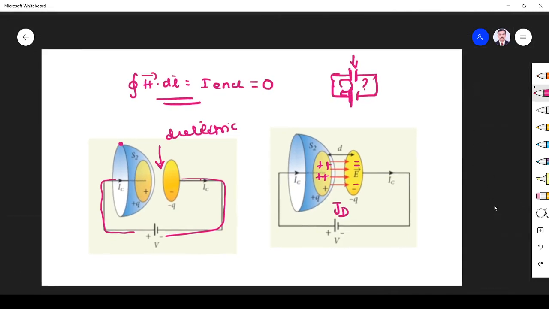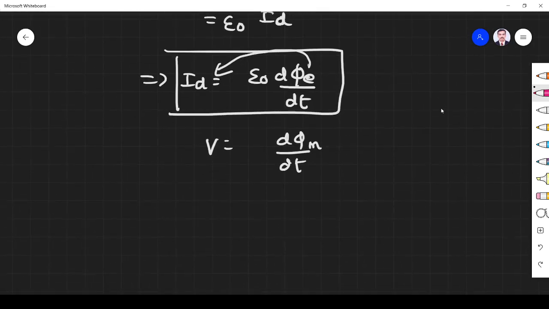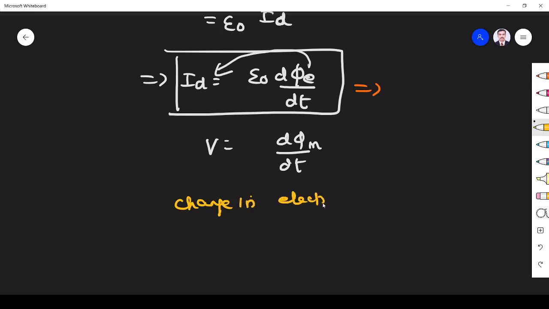Flux is nothing but field lines passing through a surface. So flux creating current means field is creating current. So what does this indicate? Change in electric flux induces displacement current.